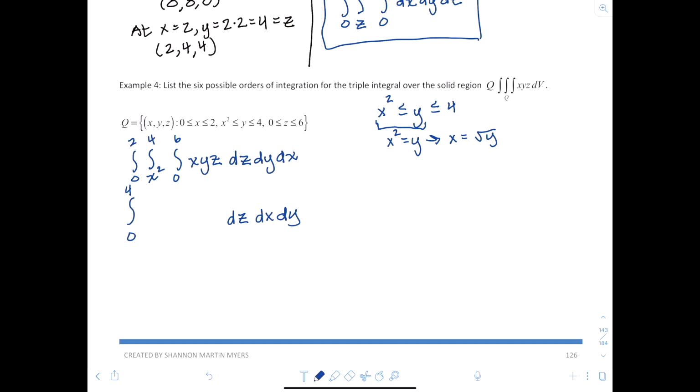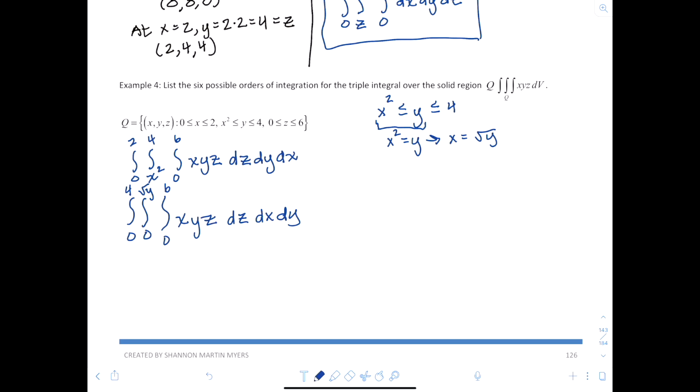And then here we would have what? Beautiful. 0 to root y, and then 0 to 6. And then we still have our f of x, y, and z is x times y times z.